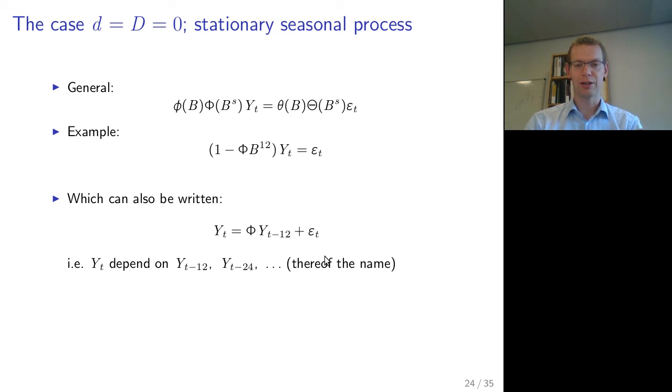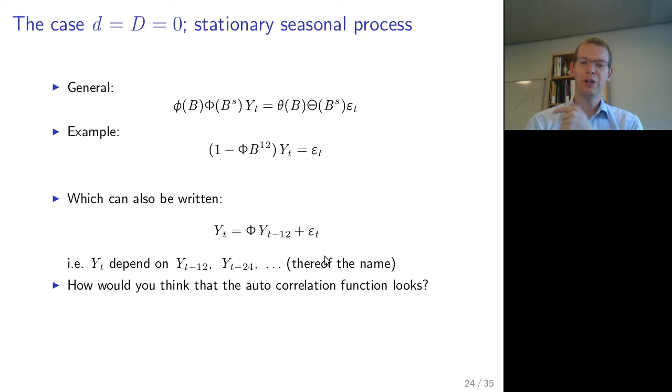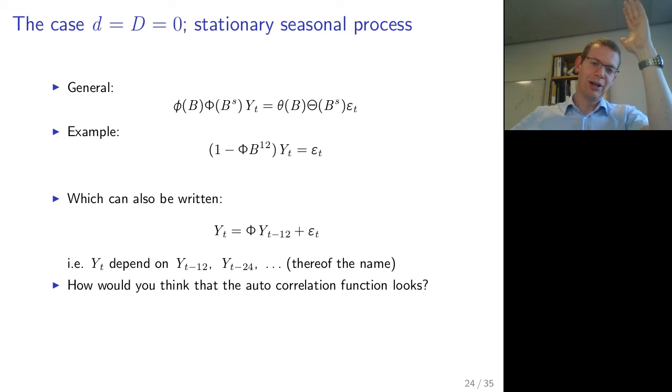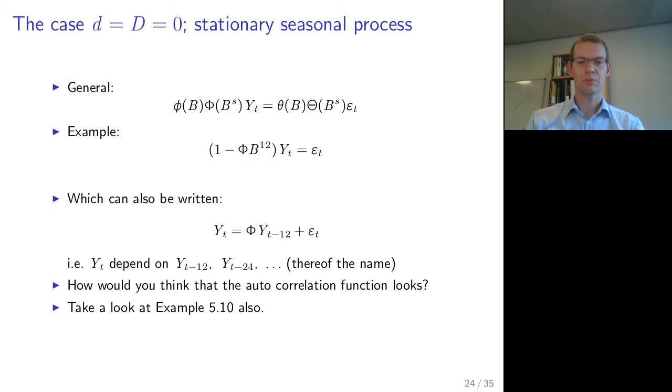If you look at the autocorrelation function from this, we saw before that the AR1 process had an exponential tail. We have the same thing here, except that we have a 1 in lag 0, and then we go to lag 12 for the next one, which equals phi, and lag 24 we have phi squared, then phi cubed, and so forth. You can also have a look at example 5.10.